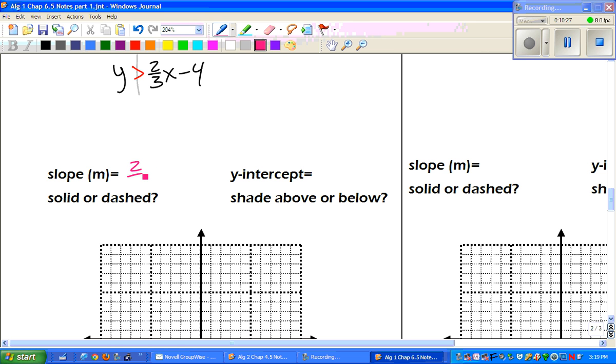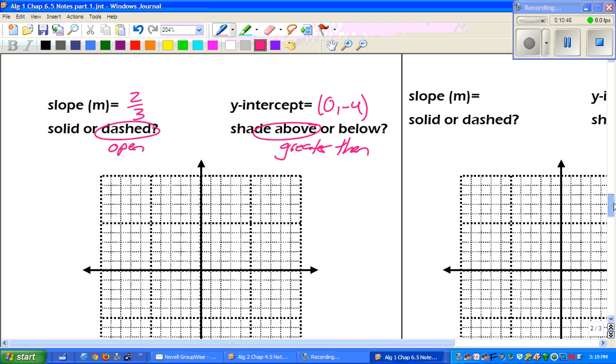Our slope is 2/3. Our y-intercept is 0, -4. It's dashed, and then we shade above because it's a greater than symbol, okay? It's dashed because it's open, okay?